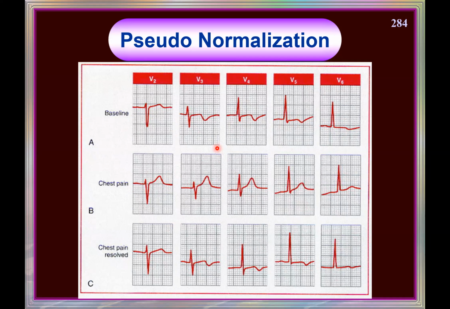In some ECGs, the baseline ECG without chest pain may show some slight 1 to 2 millimeters depression. But in case of chest pain, because of the slight elevation there, this particular depression is no more seen and again comes back. This is not normal, though it appears normal. This is what is called pseudo-normalization. What does it tell? It tells only impending ischemia.